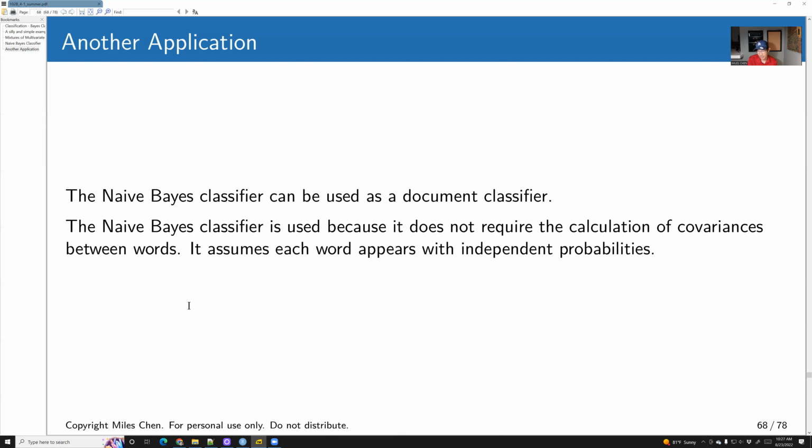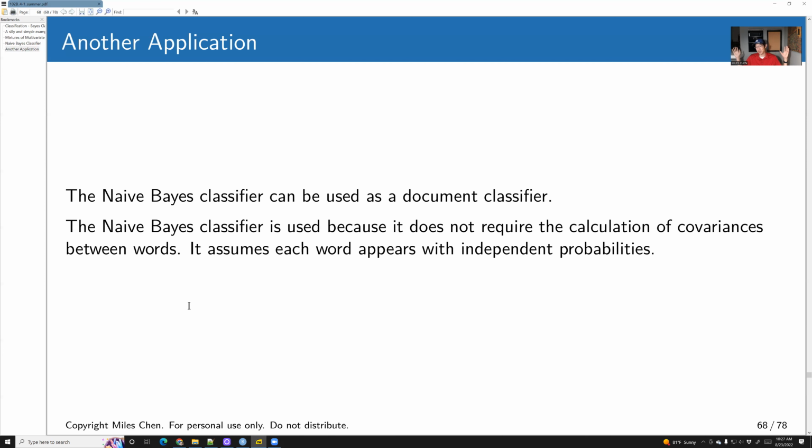Like maybe plate and fork have a high probability of showing up together versus plate and, I don't know, plate and bedroom, okay? Lower probability of showing up together, right? Lower covariance.